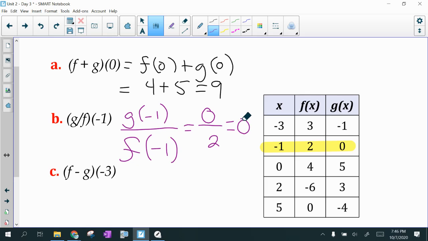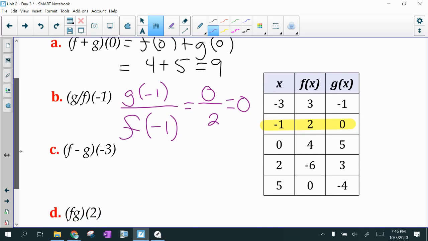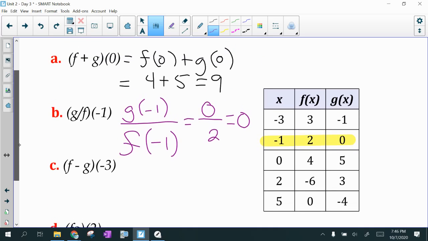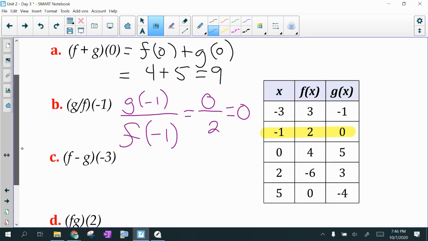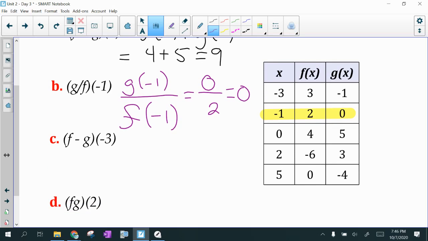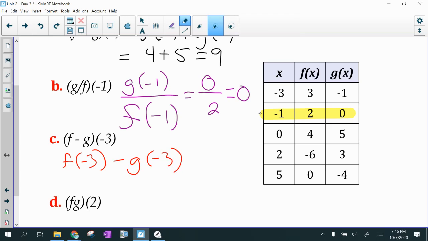Okay, and we could keep going on this for quite some time, but let's just do one more. I'm going to say, what is f minus g of negative 3? Here we go. I need to find f of negative 3, and I need to find g of negative 3. All right, and let's grab my values at negative 3.